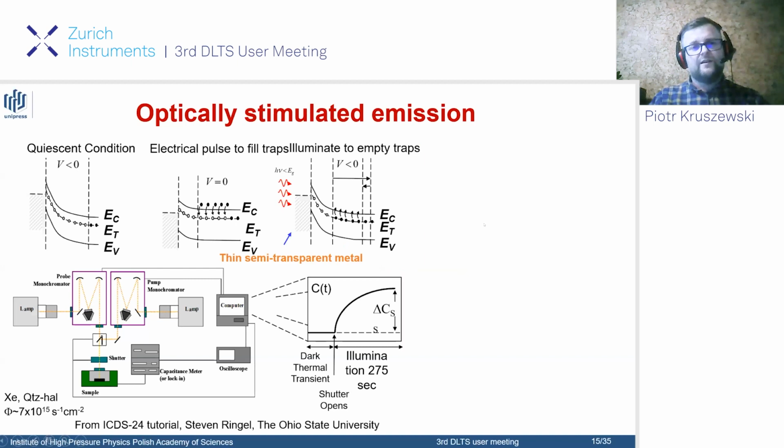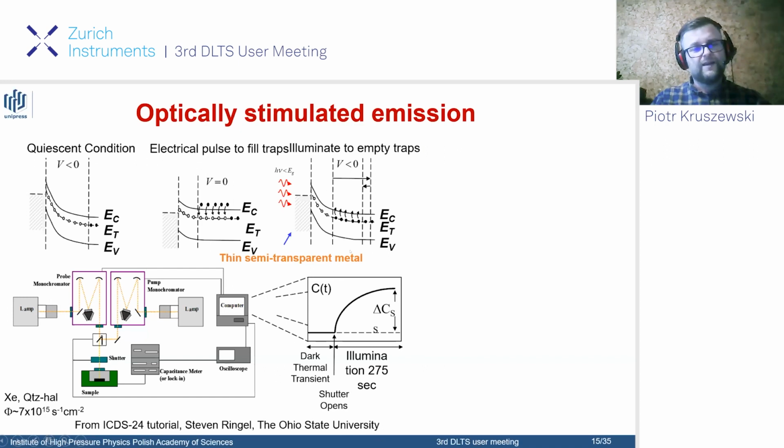This can be done with the optically stimulated emission process, which is typically known as steady-state photocapacitance or deep-level optical spectroscopy.